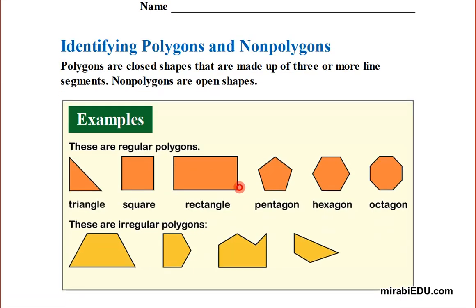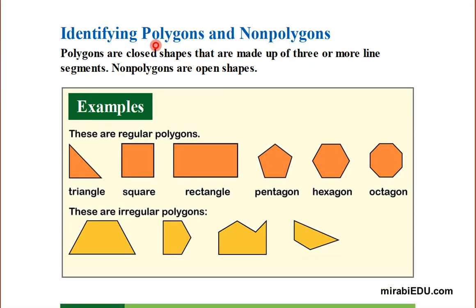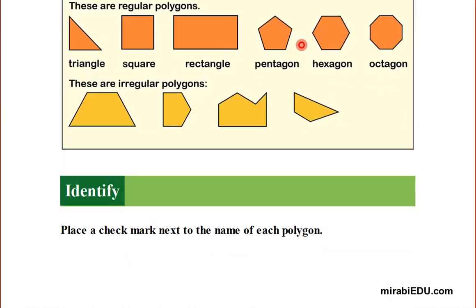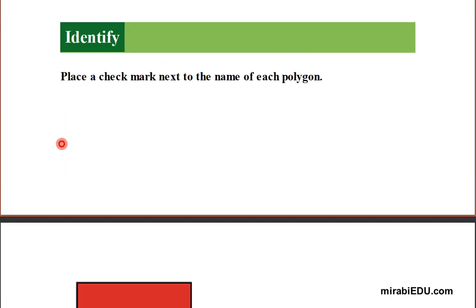So let's identify polygons and non-polygons. Here's the definition. Polygons are closed shapes that are made up of 3 or more line segments. Non-polygons are open shapes. After this classification, let me clarify more.